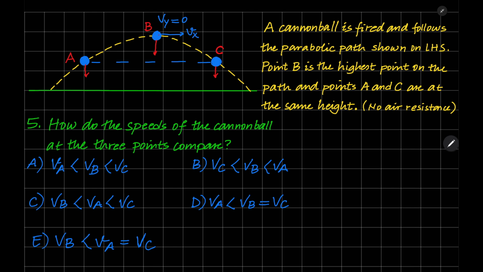But at point A and at point C, the speed has both vertical component and horizontal component. At point A, the vertical component of speed is upward, and at point C, the vertical component of speed is downward, and the horizontal component of speed is to the right.